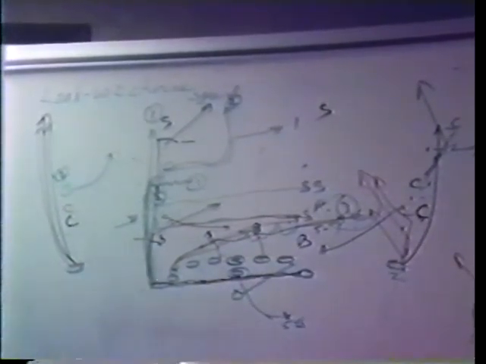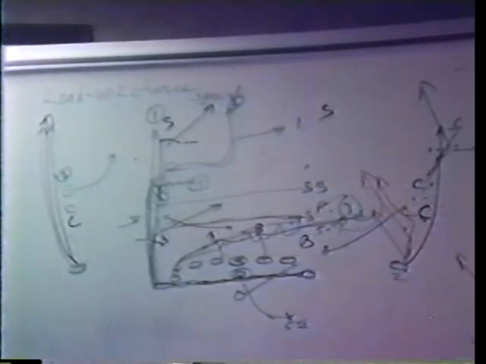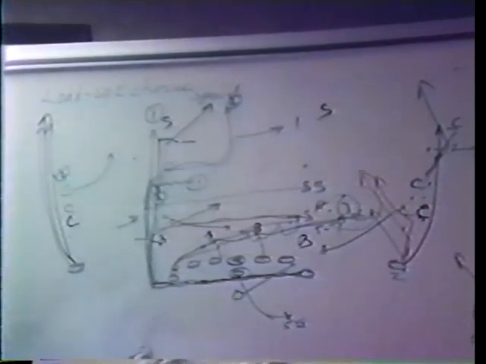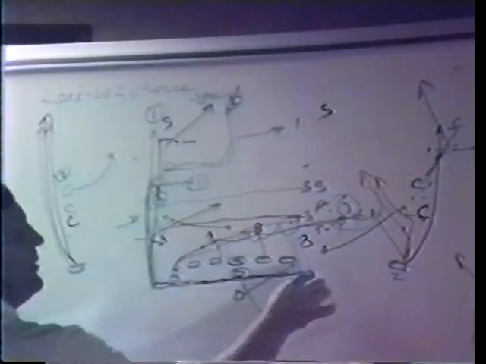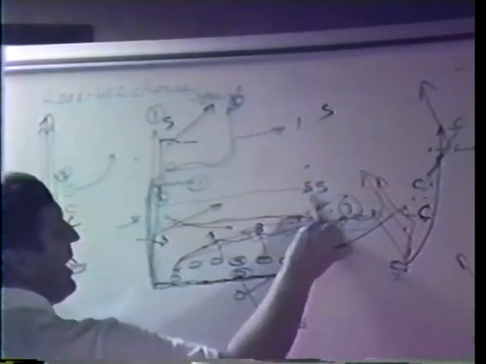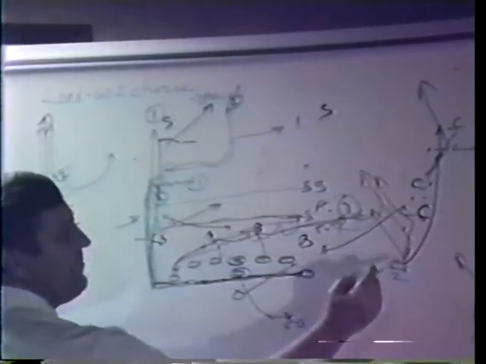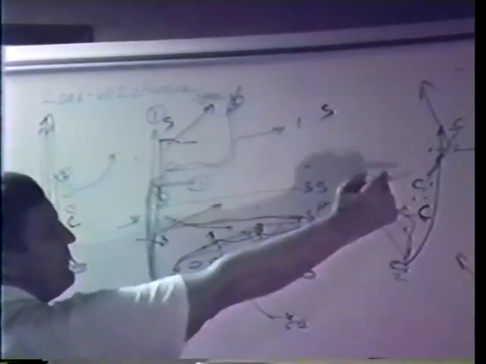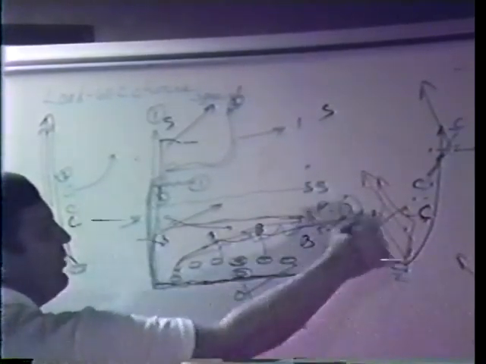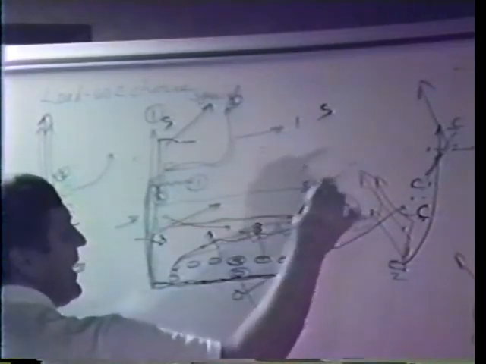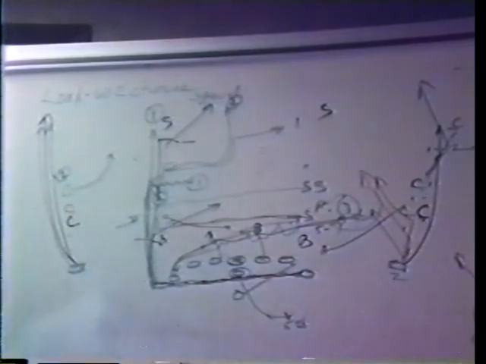And the reason that there will be some confusion on occasion will normally not be because of this. This is pretty easy to see, but it will be because of the backers. If the backers are in a drop, then obviously we'd rather have the full 7-step stem than we would the quick slant. The quick slant helps the quarterback keep rid of the football.